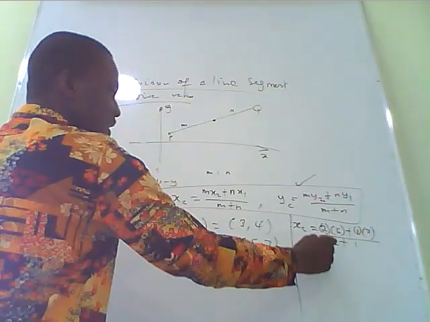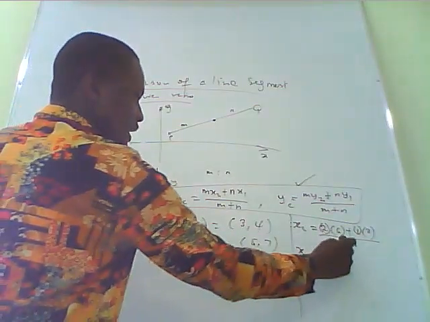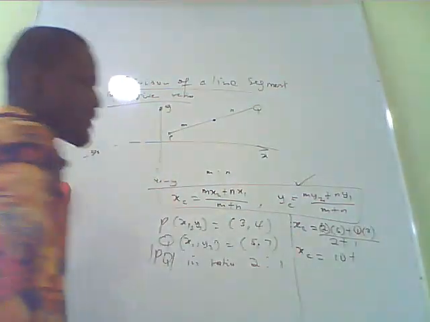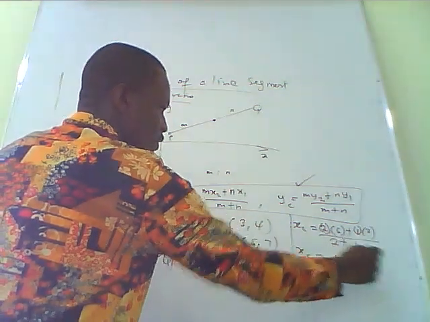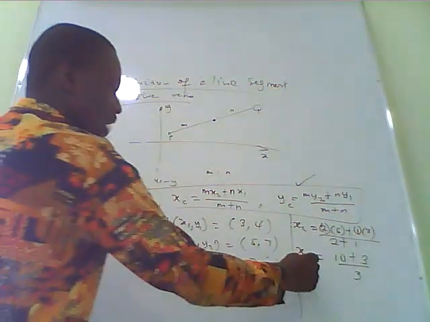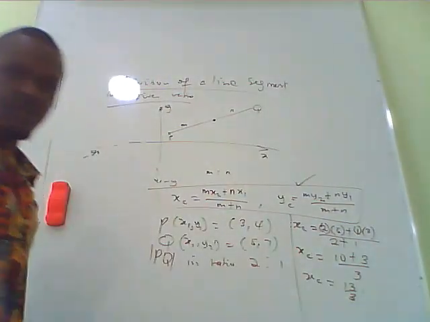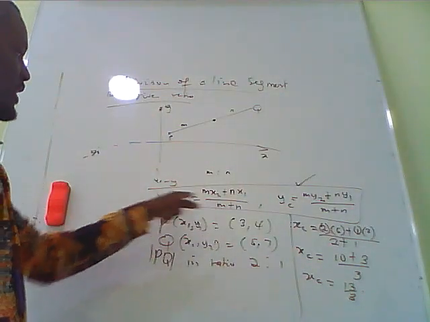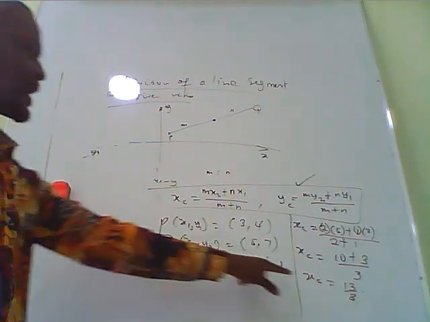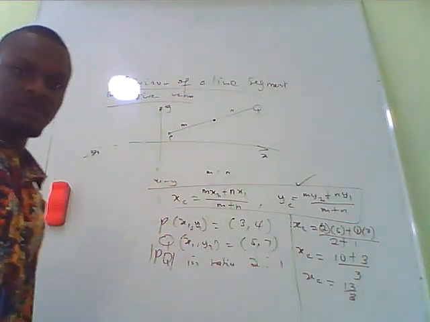So xc gives us 2 times 5 is 10, plus 1 times 3, which is 3, over 3. So xc is going to give us 13 over 3.